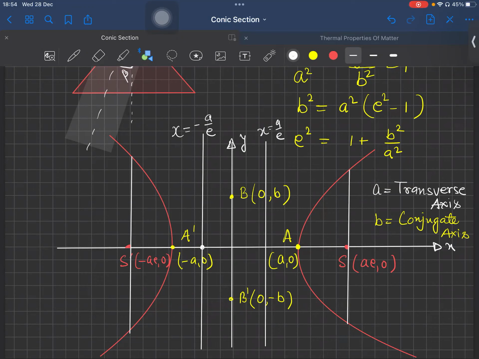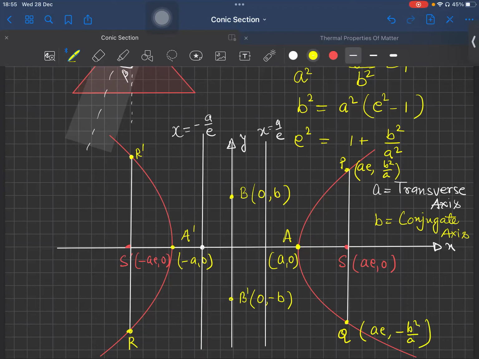So the end points of latus rectum are P, Q, R, and let's write R dash. So P and Q will be AE comma B square upon A, and AE comma minus B square upon A. I'll show you how we get it.